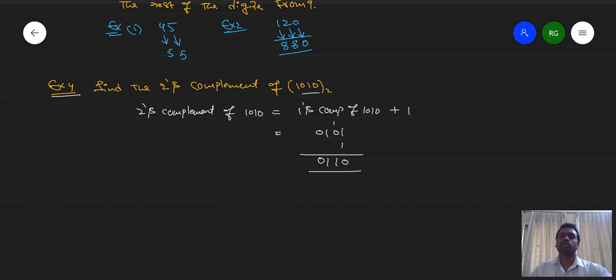So the shortcut is very simple: keeping the first one as it is and inverting the rest of the digits.